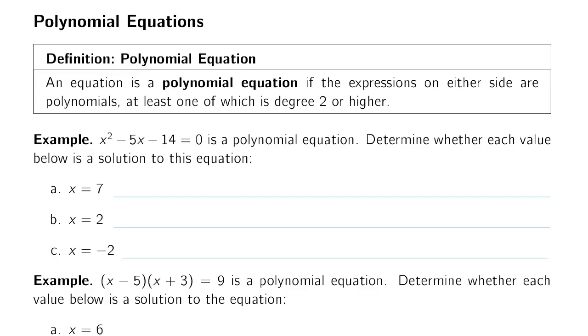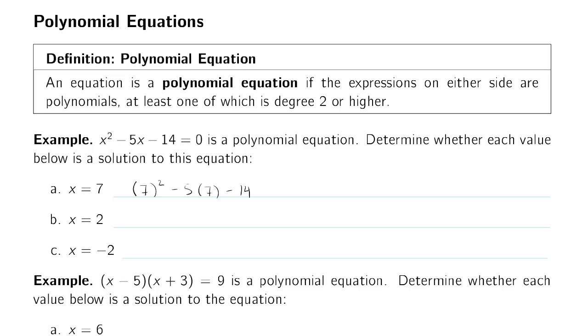So here's a polynomial equation: x squared minus 5x minus 14 equals 0. That's true if we plug in some value of x and work out the arithmetic and we get 0. It's false if we get something other than 0. So x equals 7. Our equation says 7 squared minus 5 times 7 minus 14.